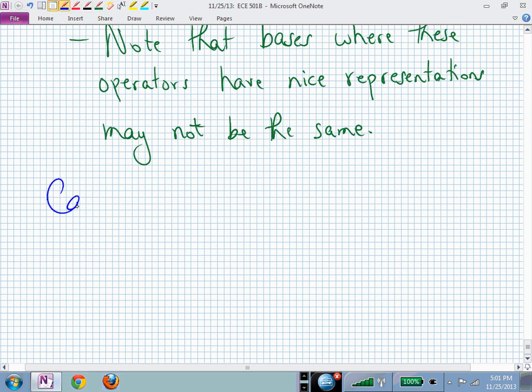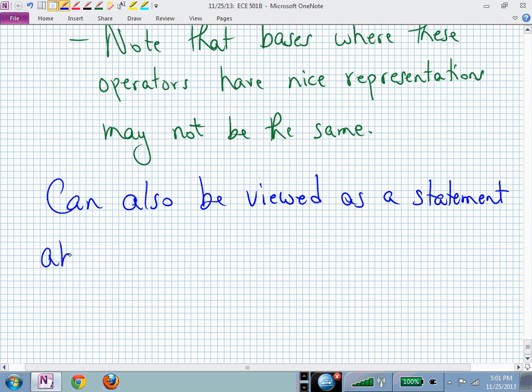We can also view this particular factorization, or this polar decomposition, as a statement about matrix factorization.